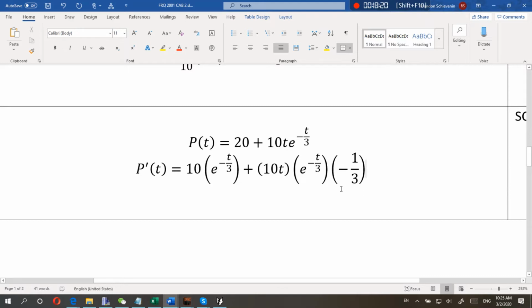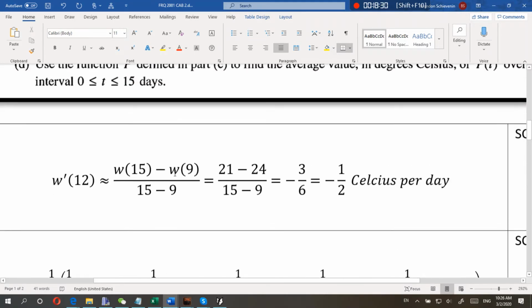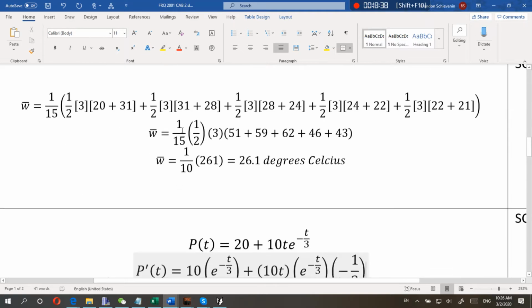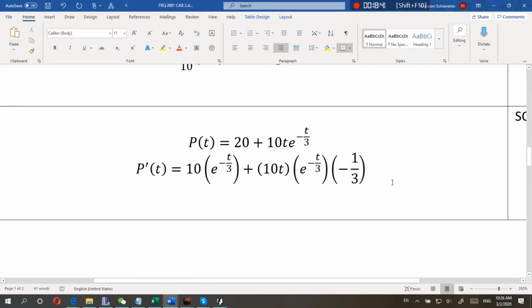Okay, now I do have stuff that I could potentially factor out of this. I'm wondering if I should. Is it going to help us when we plug in 12? I mean, I guess so. So sure. I'm going to factor this out, and we'll simplify.